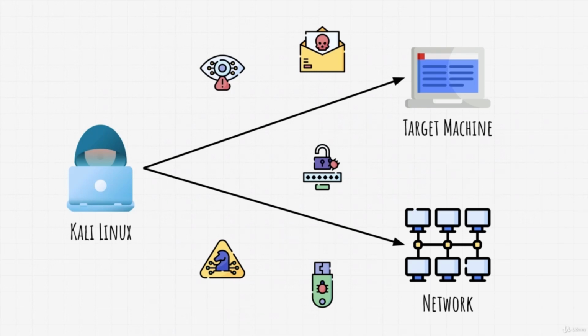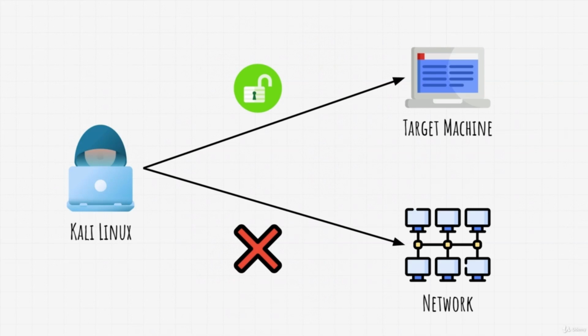First thing and most important thing before we even start a penetration test on a target is to figure out, do we have permission to attack this target? This is very important since you don't want to be attacking machines or target networks that you do not have permission to attack. It could be that the client told me to only test one machine on the network and not the entire network. Therefore, I'm only allowed to test that one machine.